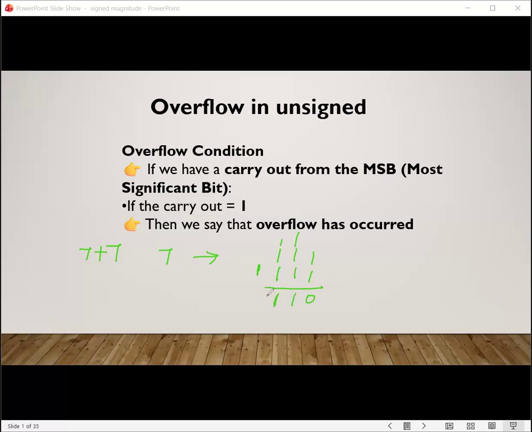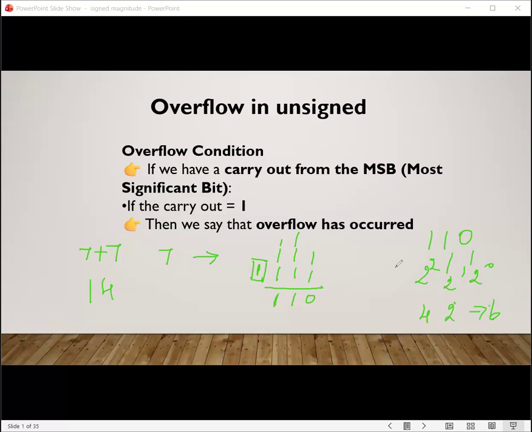On pen and paper we can just write the carry here, no problem, but you cannot write an answer like this in a computer. If you write only the three bits, what is 110? 2 to the power 0, 2 to the power 1, 2 to the power 2: 2 plus 4 is 6. But 7 plus 7 should be 14, and we got 6.